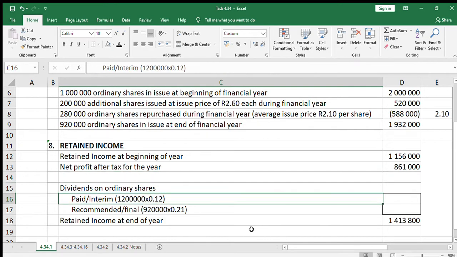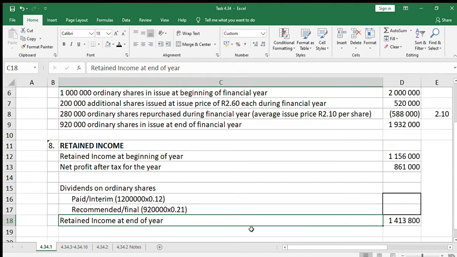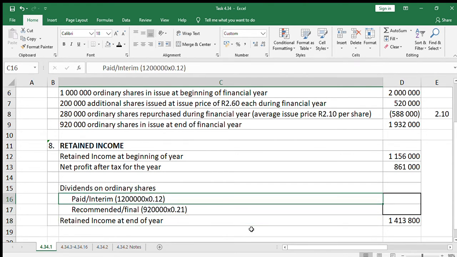Okay, then we're going to look at the interim dividend and the final dividend. I've already filled in the calculation, and the information I got it from is number 3. So the interim dividend, 12 cents per share, was paid to shareholders in the share register on 31st August 20.1.